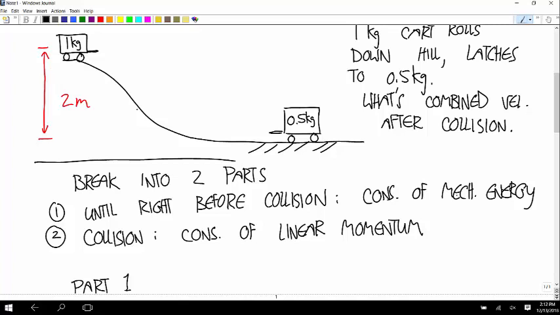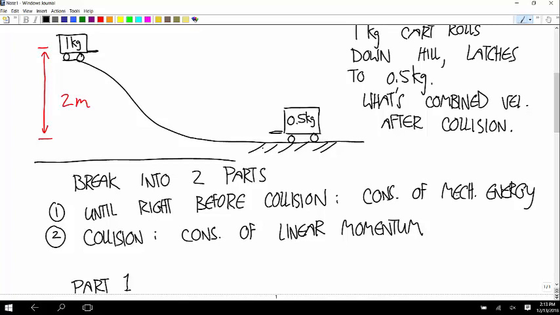Okay. So let's think about what forces are acting on this cart as it goes from the top of the hill to right before the collision. What forces are acting? The weight. That's okay, we have a potential energy function for that. There's one other force acting, the normal force. The normal is non-conservative, but it doesn't do any work.